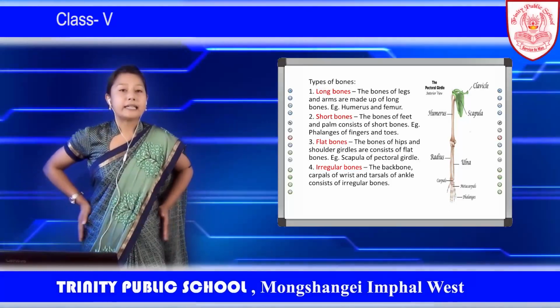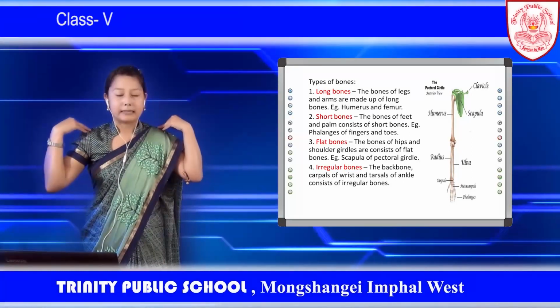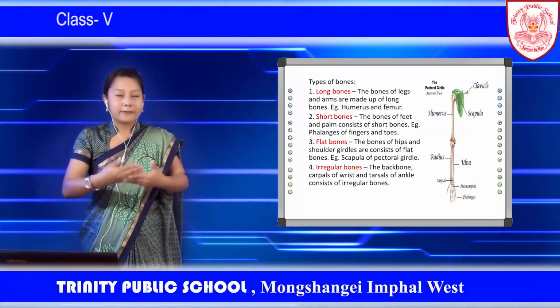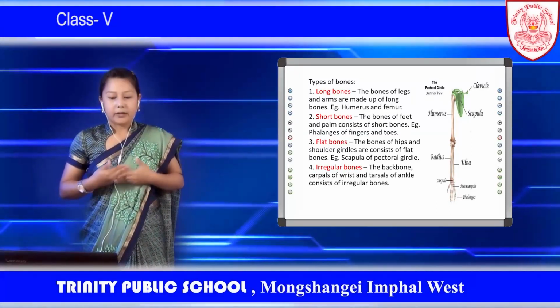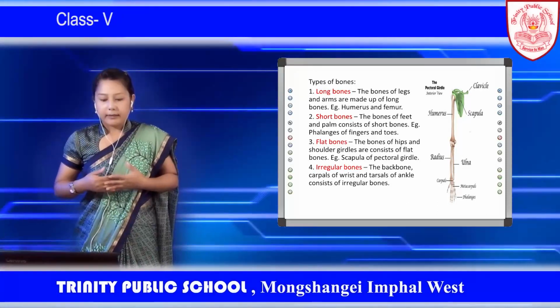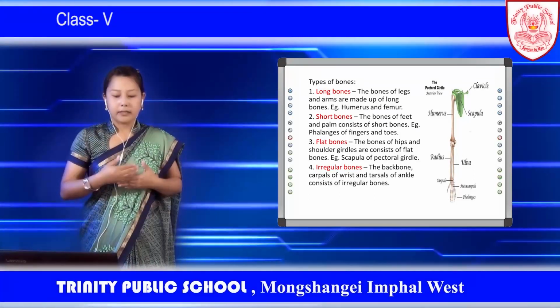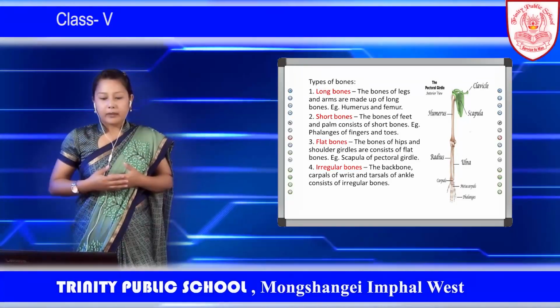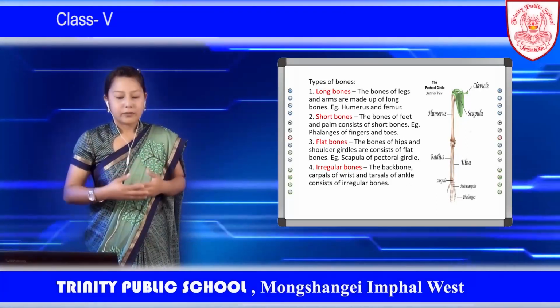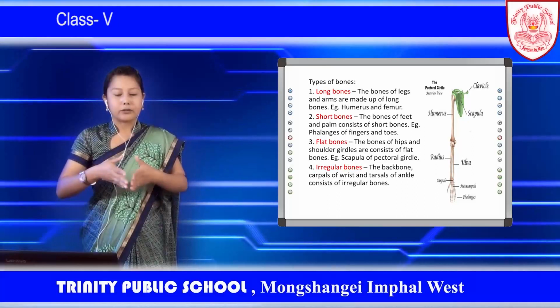The bones of the hip and the girdles, that means the shoulder girdles, consist of flat bones, for example, your scapula of the pectoral girdle. Then next is the irregular bone, the last of the types of bone. The backbone, the carpals of the wrist and tarsals of the ankles consist of irregular bones.